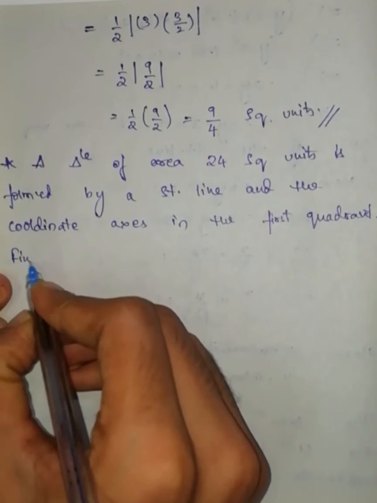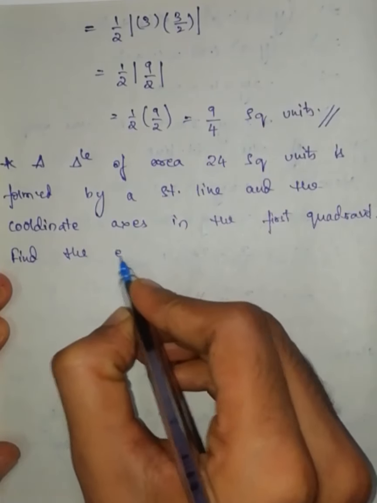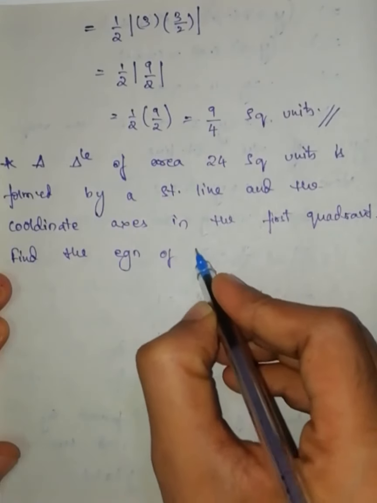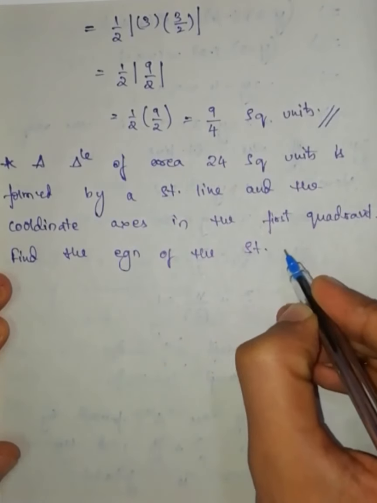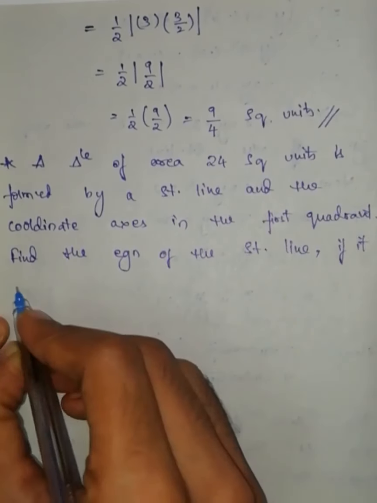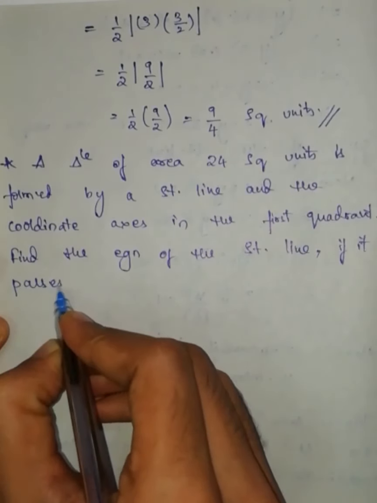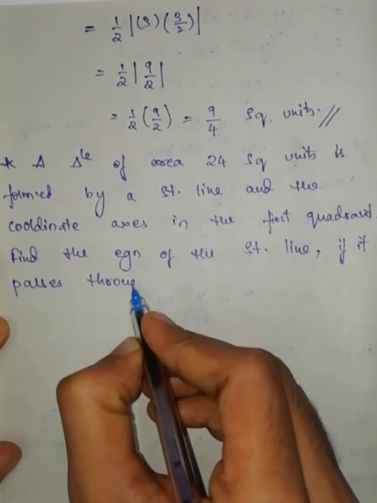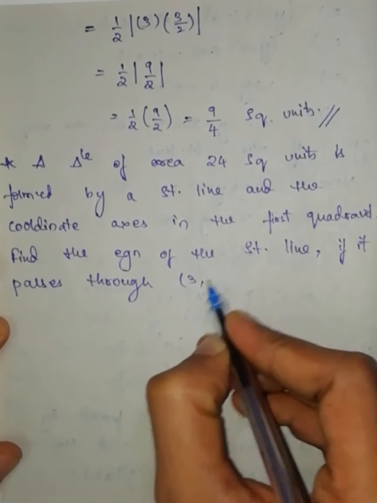Find the equation of the straight line if it passes through the point (3, 4).